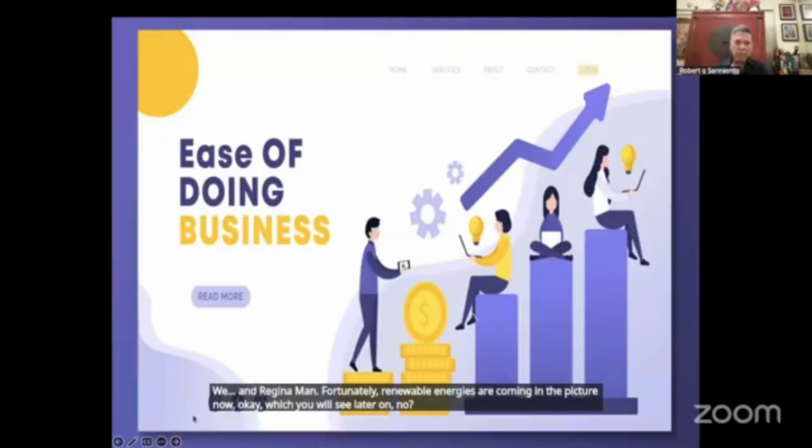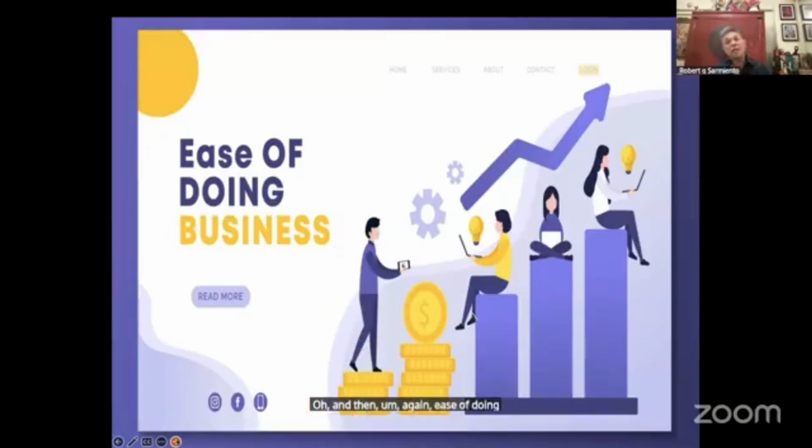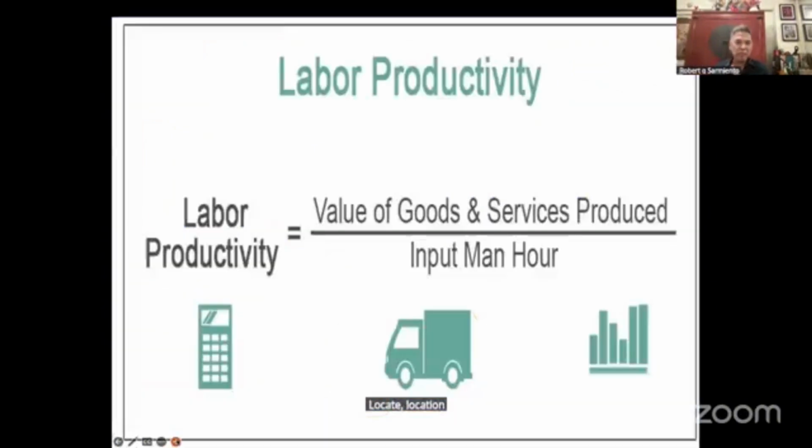And then, again, ease of doing business, that's another thing, which is bureaucracy. That actually turns off a lot of people. Yung dapat 7 days, my gosh, meron dyan 2 years na hindi pa nakuha yung permit, okay? I tell you, I got some clients dealing in mining, 2 decades for some permit to come out on an approved location. Next slide.